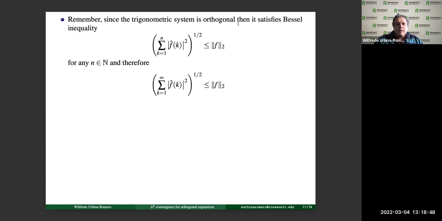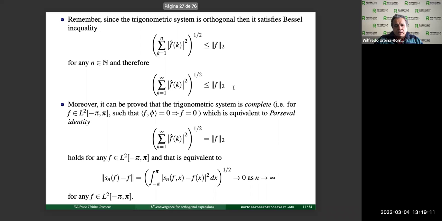Okay, now the L2 theory was very nice because, as you may remember, whenever you have an orthogonal system, you have the Bessel inequality. That is true for any orthogonal system, for any n, and therefore this is uniformly bounded. Then the whole series is bounded by the norm of f. So all the partial sums are bounded, and therefore the series is bounded by the norm in L2. But then it can be proved that the trigonometric system is complete.